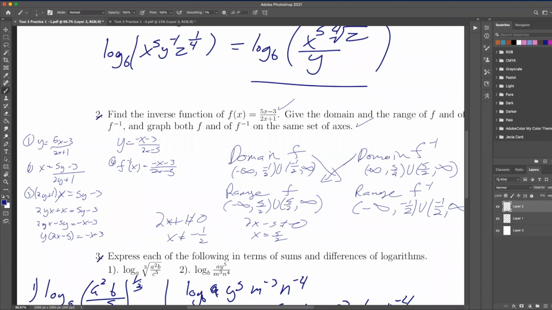Then for the domain of f inverse, we find where the denominator equals 0, and we say we can't have that. We solve for that, we get 5 halves, so everything but 5 halves. We write it as negative infinity to 5 halves, not including it, and then from not including 5 halves to infinity. That is also the range of f.